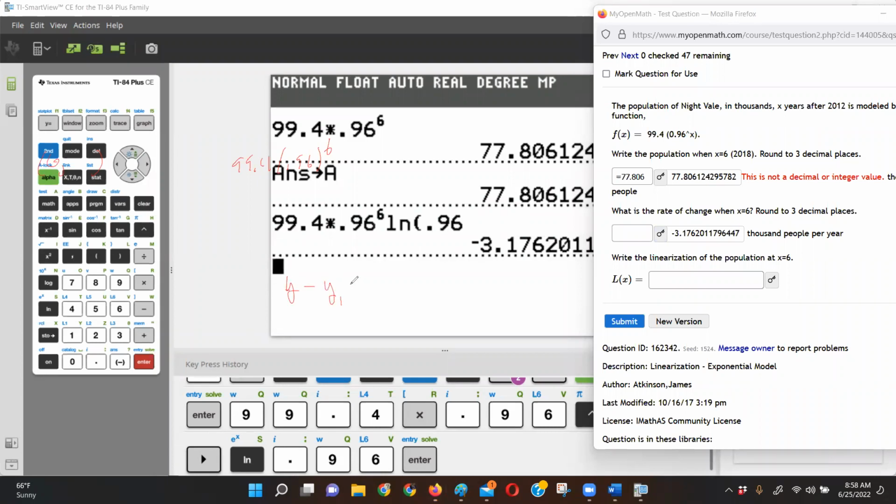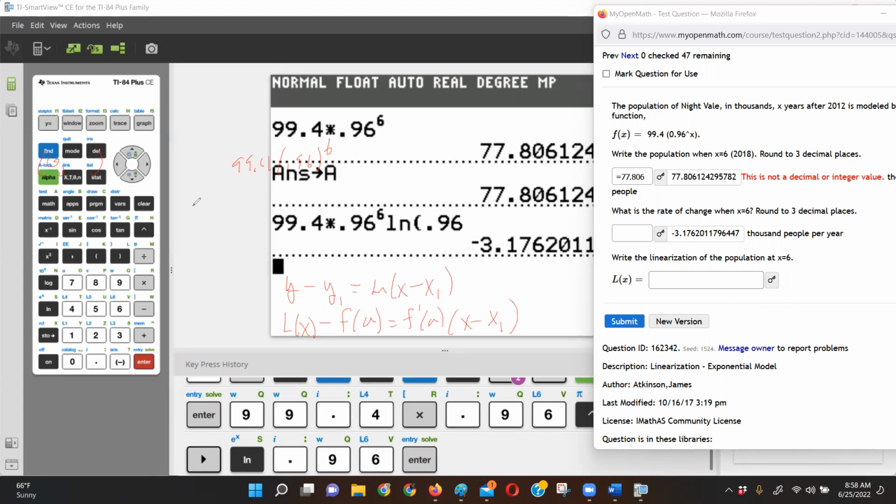So y minus y1 equals the slope times x minus x1. And in calculus, we talk about L of x minus f of a equals f prime of a times x minus a. See how it's the same math. We're just doing a little bit different notation.